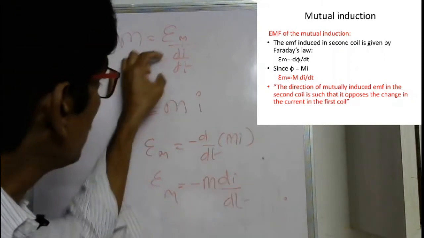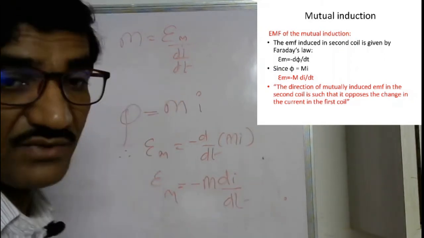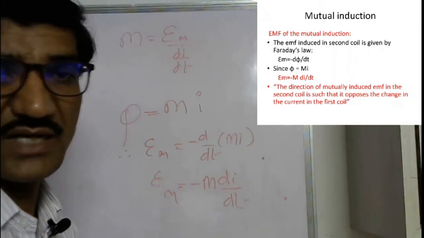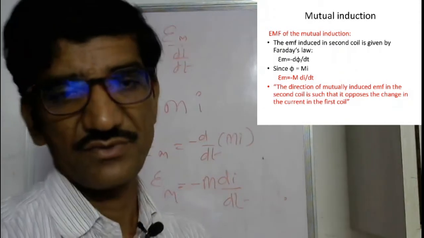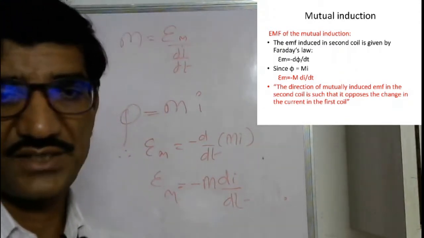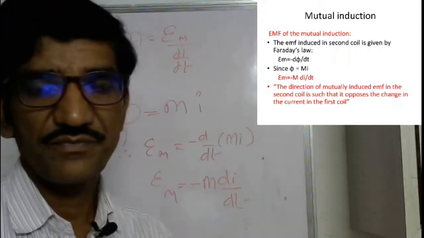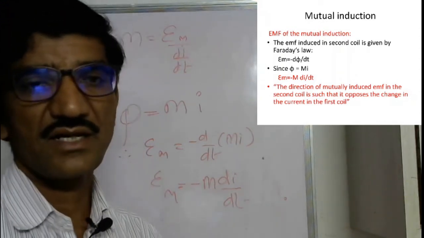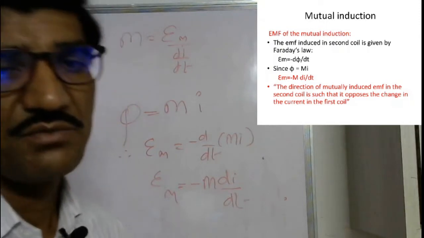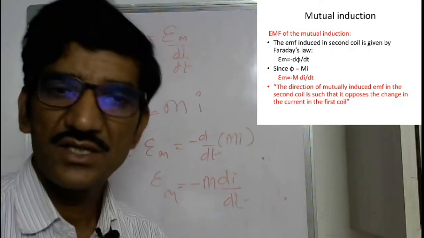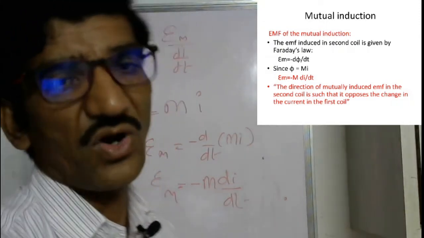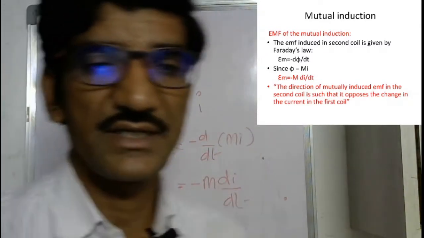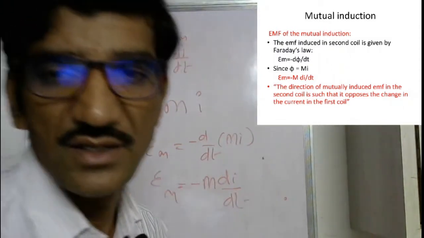This is the rate of change of current in the first coil, and this is the induced EMF in the second coil. Whenever you make the rate of change of current in the first coil a unit quantity, then the EMF induced in the secondary coil is known as the mutual induction of the two coils. In this way also we can define mutual induction between the two coils.